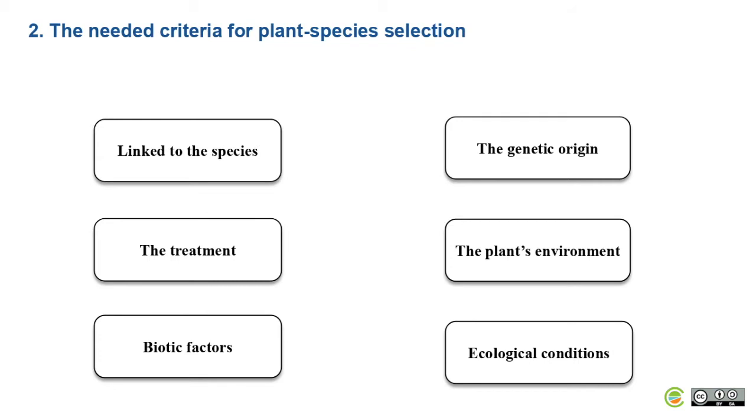That's why we have some factors that are needed for plant species selection, and that are linked to the species, such as the genetic origin, the treatment, the plant's environment, the biotic factors, and the ecological conditions, type of soil, the water needed, etc.